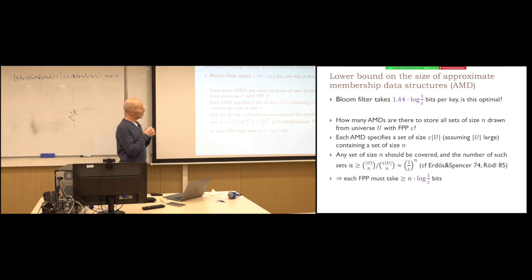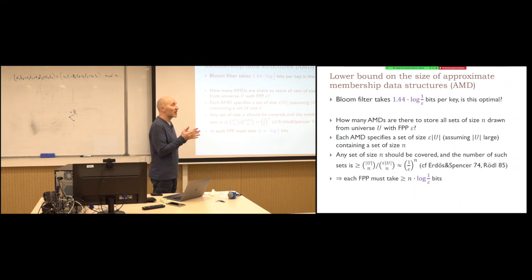The lower bound will be an information theoretic lower bound. So we will compute how many different Bloom filters for sets of size n we may have, we need to have at least that, and then we will take the binary logarithm, right?